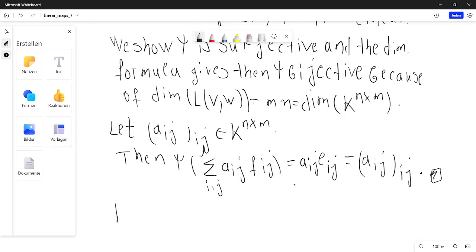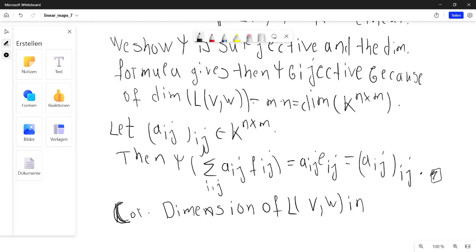And well, corollary. Dimension of L(V, W) in the situation as before. We can do it simply in that way.